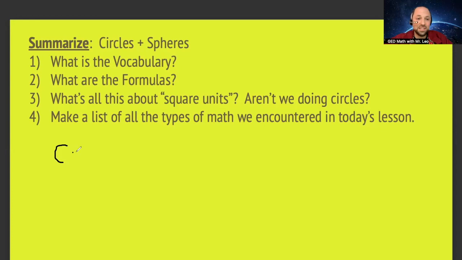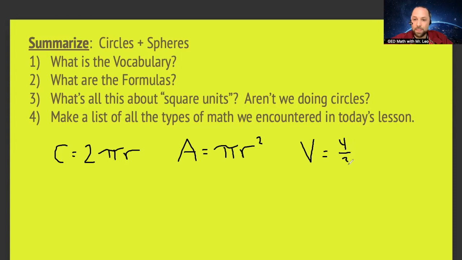Circumference was C equals 2 pi r. Area was pi r squared. And the volume of a sphere was 4/3 pi radius to the third power. Again, these will all be given to you. You just have to be familiar with them.